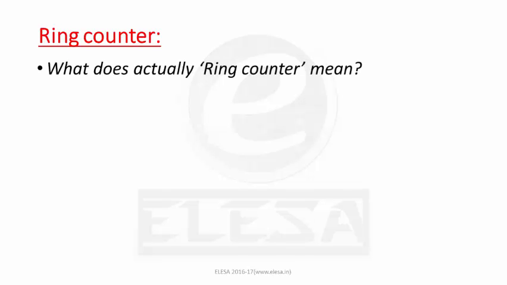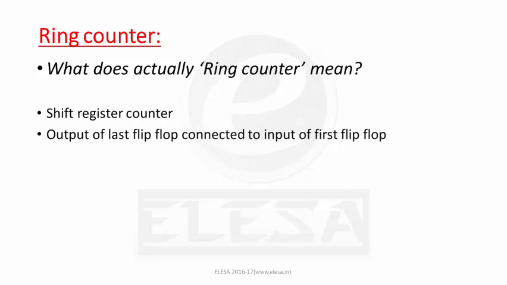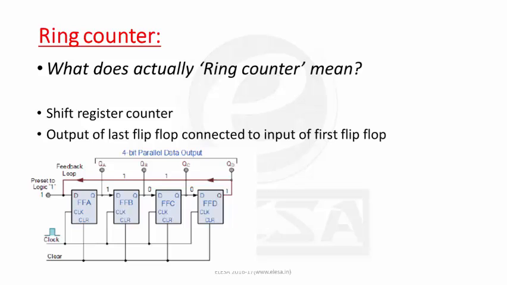Ring counter. What does ring counter actually mean? Ring counter is a shift register counter in which the output of the last flip-flop is connected to the first flip-flop. We can see in the diagram that the output of the last D flip-flop is connected to the input of the first flip-flop, and a common clock is connected to all flip-flops, and it is a positive edge triggered clock.